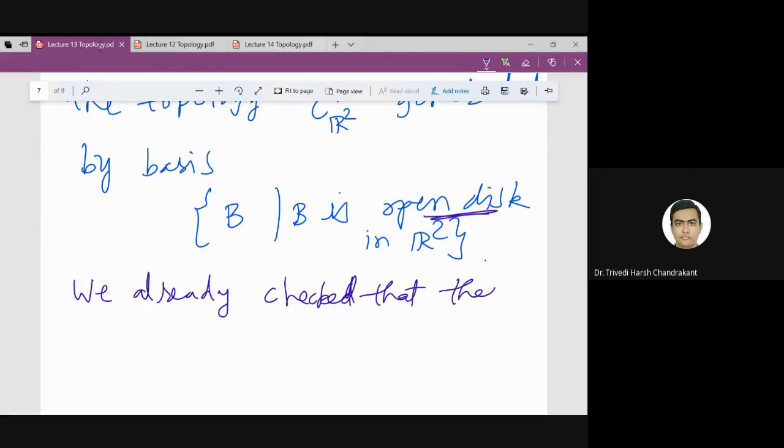We already checked that these two topologies are the same, when we compared finer and weaker topologies.